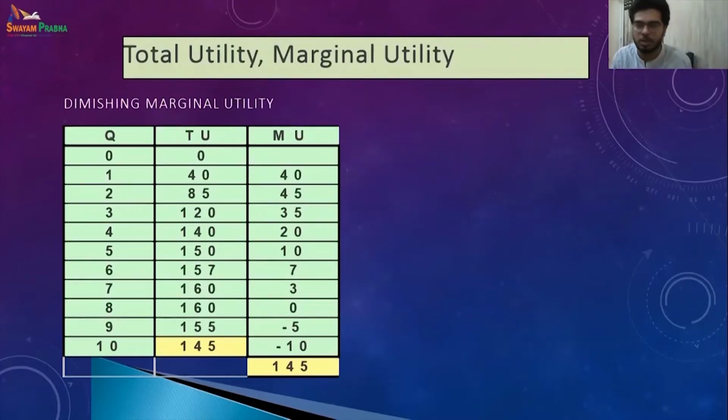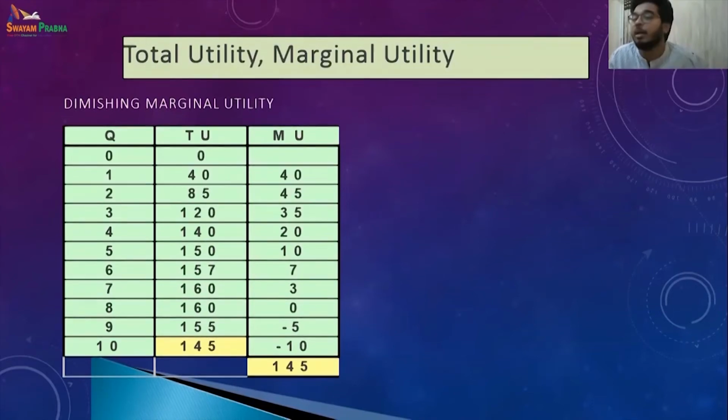So in a simpler way, let us understand. I like Rasgulla. I had my first Rasgulla and liked it a lot. Second Rasgulla, I liked it more. I wanted 2 Rasgullas more. Third Rasgulla, liked it, so some amount of utility increased. Fourth Rasgulla, liked it, some satisfaction increased. Fifth Rasgulla, liked it, again it increased. Seventh and eighth, no, I cannot have it. Eighth to ninth, oh, it's paining.